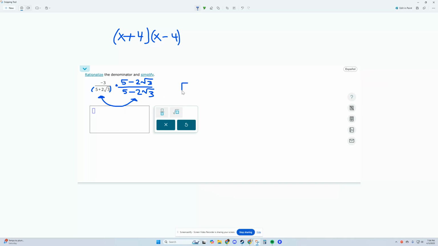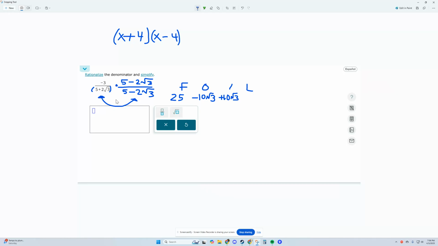So FOIL. First two terms is 25. Outside would be negative 10 root 3. And the inside would be positive 10 root 3.